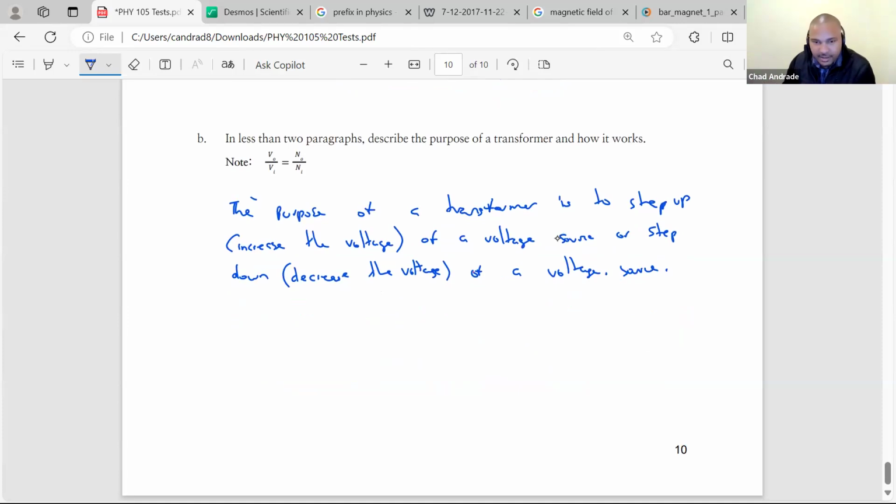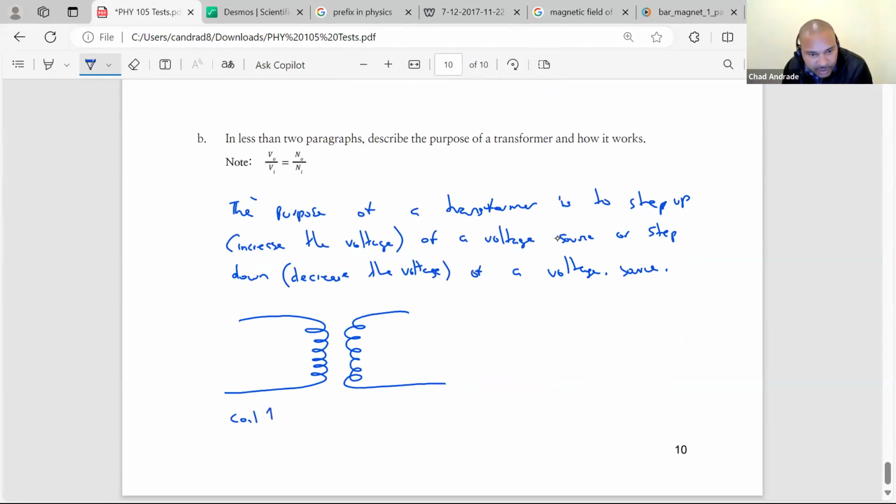And I'm gonna kind of do something here, right? So I'm gonna draw something like this. And then I'm gonna draw another thing like this. These are 2 coils. Coil 1, and this is coil 2. This could be your input coil, and this is the output coil.